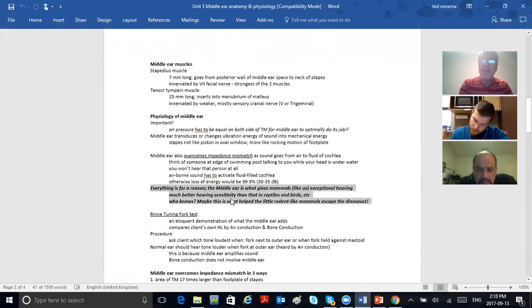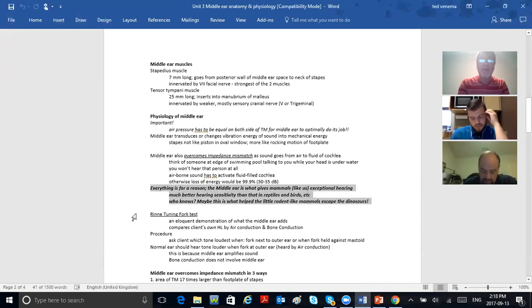Much better hearing sensitivity than that in reptiles and birds. Maybe this is why they don't have middle ears. Who knows? Maybe this is what helped the little rodent-like mammals escape the big dinosaurs. Because dinosaurs can't hear worth a crap, okay? Or couldn't hear very well.